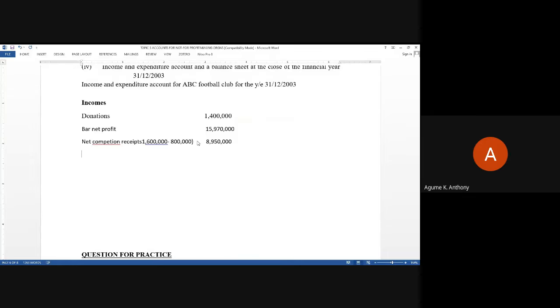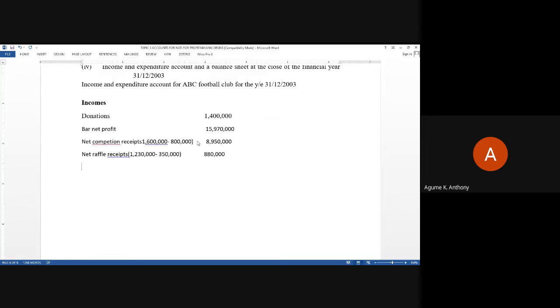Then I also have net raffle receipts. The net in regard to this is 1.23 minus 350, the expenses incurred in respect to this activity. So that gives me 880.